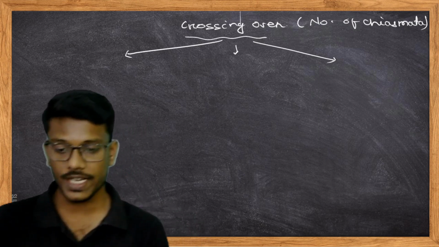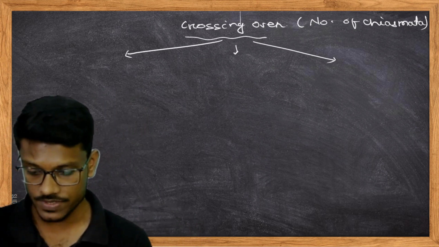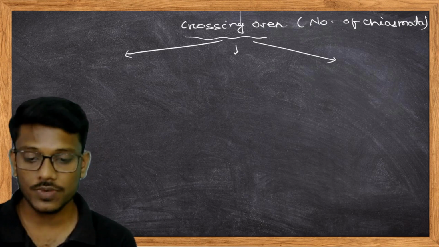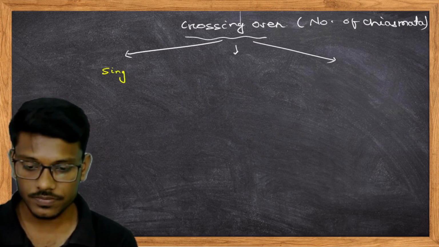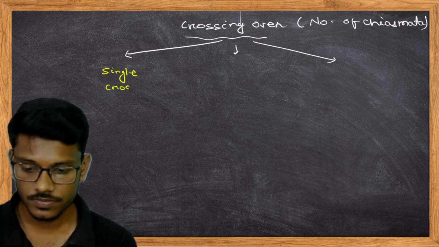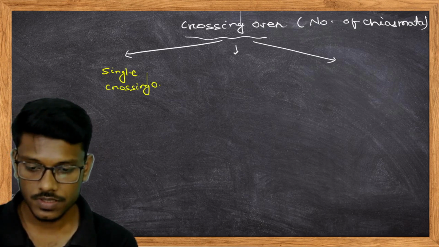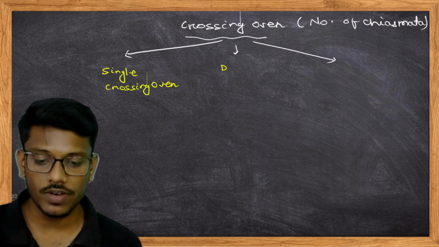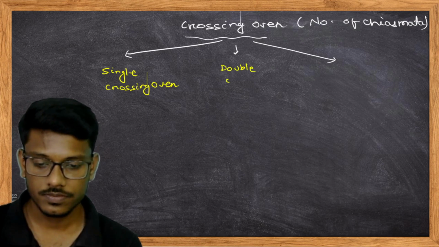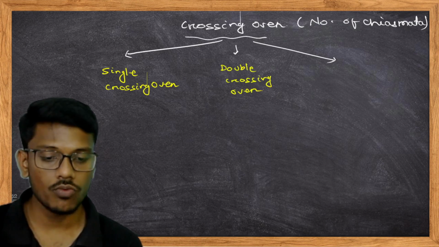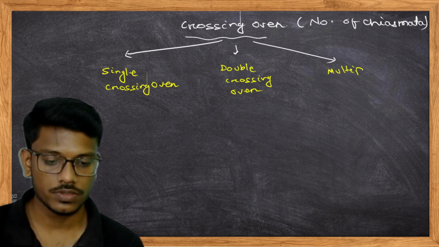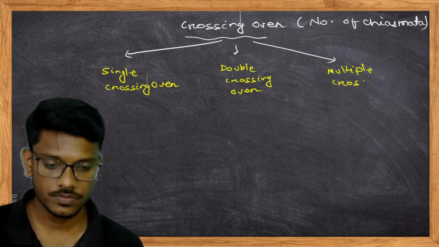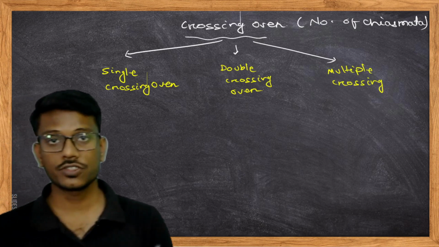On the basis of that, we can divide crossing over into three types. What are these? The first one, single crossing over. The second one, double crossing over. And the third one, multiple crossing over. Okay, we'll discuss these one by one.